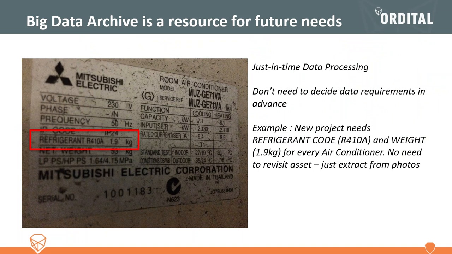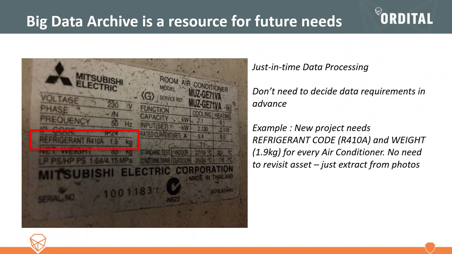So let's say my current need was that I just wanted make, model, serial number. But in future, I had a project where I needed to know the refrigerant code and the weight of the refrigerant. I don't have to extract that today and pay for that today. I can extract that in the future and get attributes just in time.